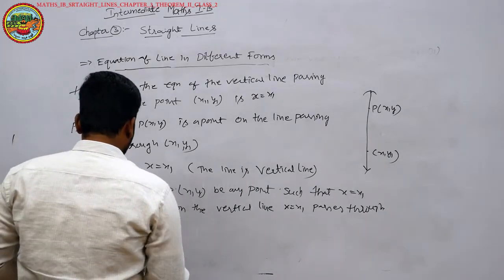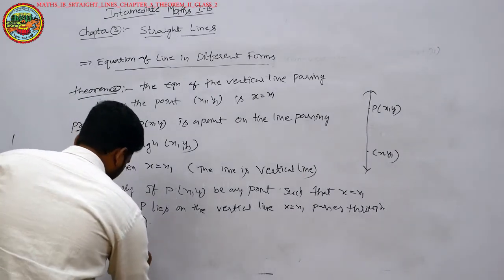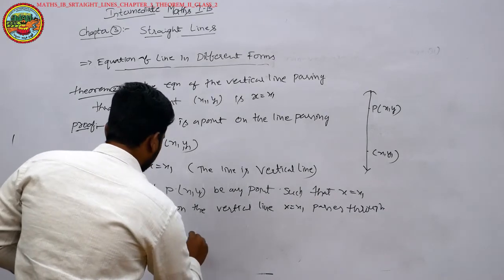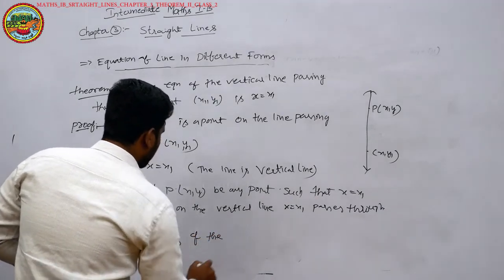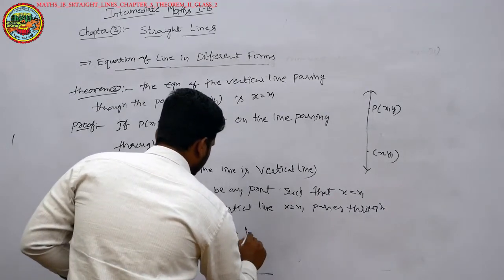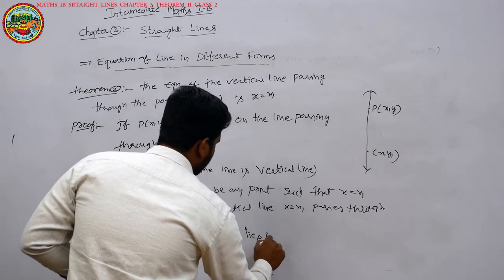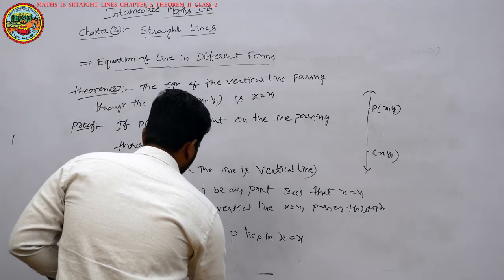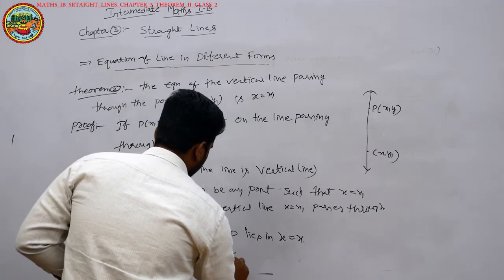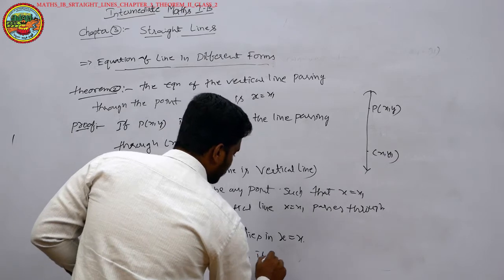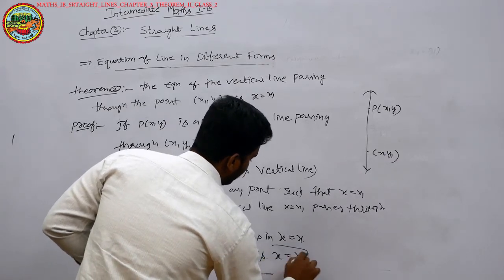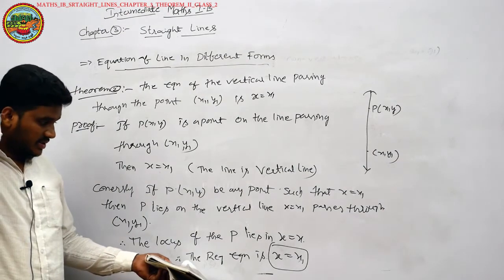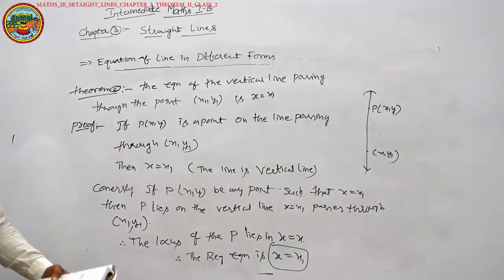So therefore the locus of P, locus meaning the equation of P, lies in x is equal to x1. Therefore the required equation is x is equal to x1.